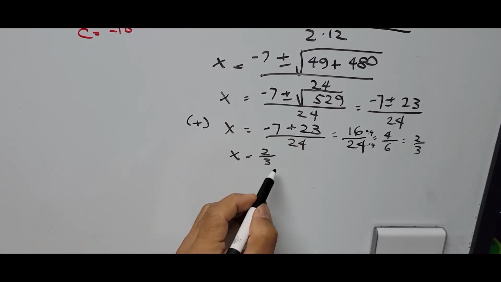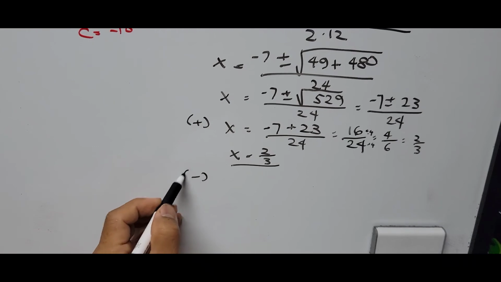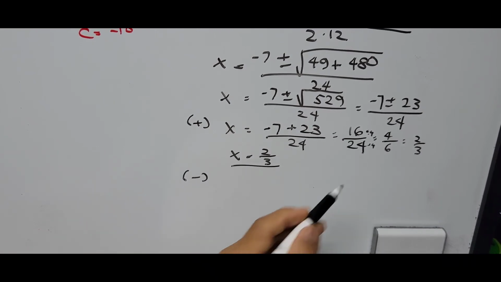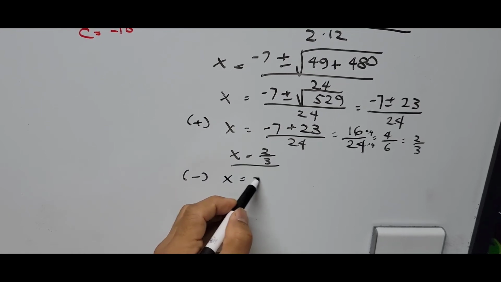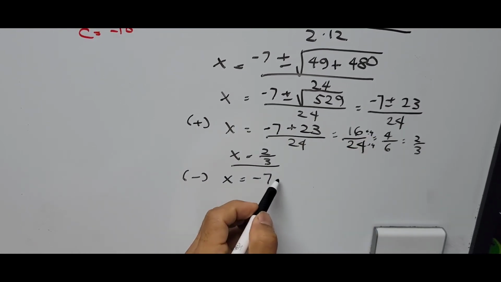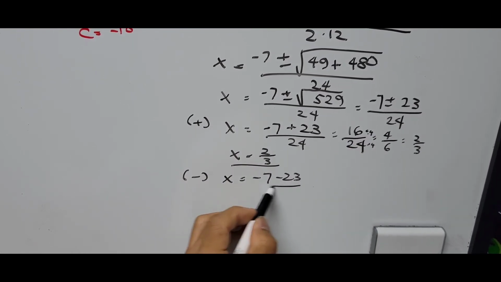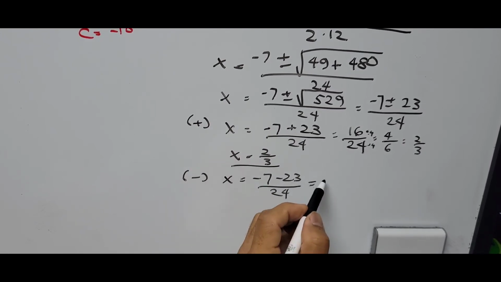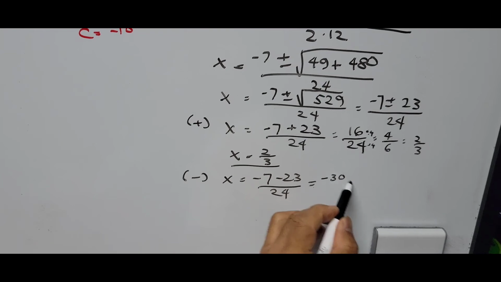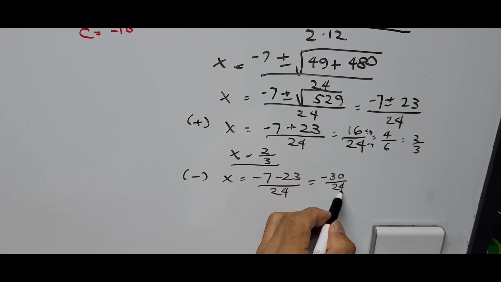And if we take the negative of the factor right there, we have x is equal to -7 minus 23, over 24. That is -30 divided by 24.